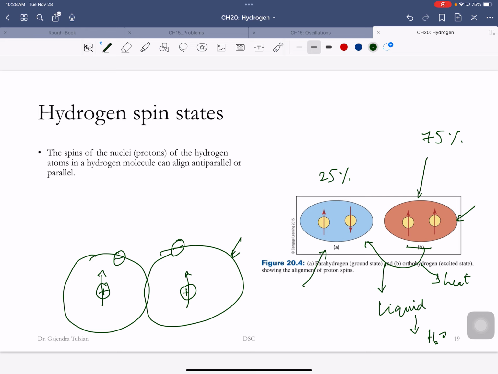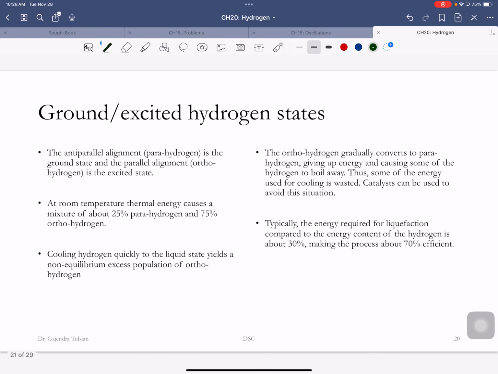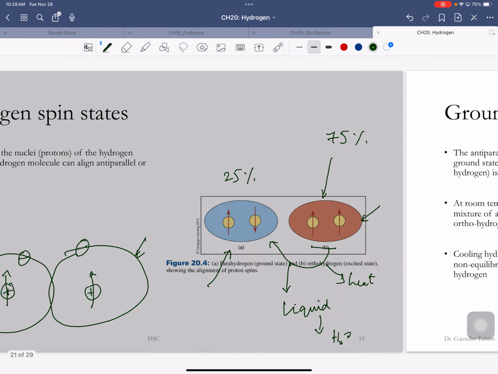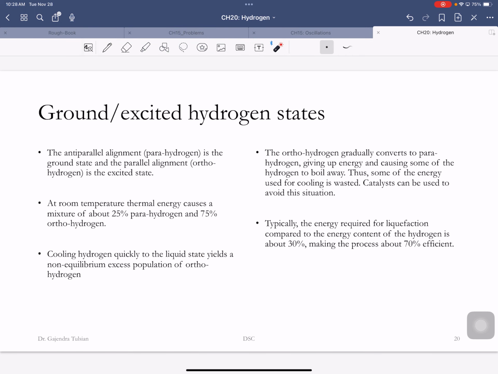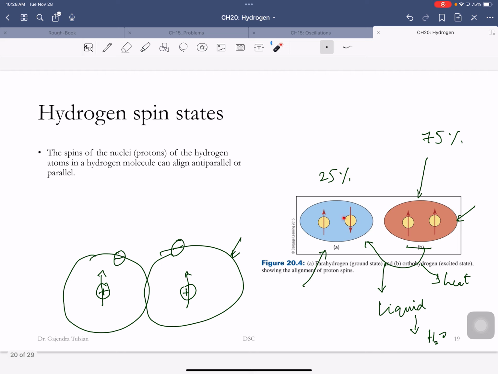You have to worry about stuff like this. At room temperature, thermal energy causes a mixture of about 25% parahydrogen and 75% orthohydrogen. Orthohydrogen is higher energy than parahydrogen. So if you cool it fast, you get 75% orthohydrogen, which will release heat, and some of your liquid will turn into gas.